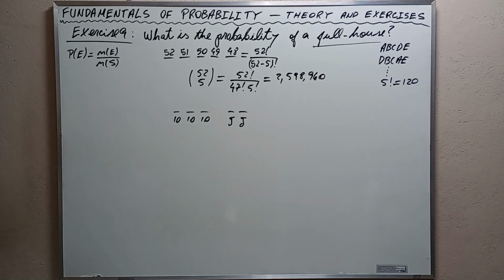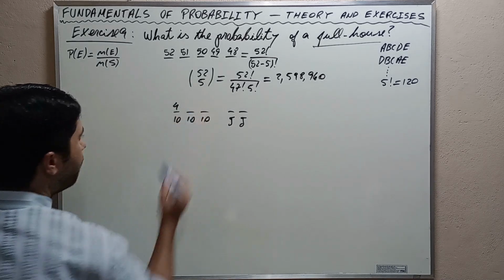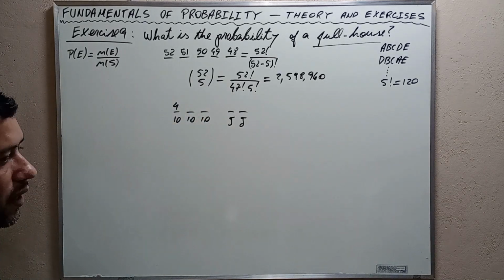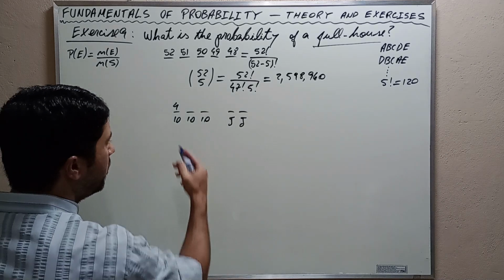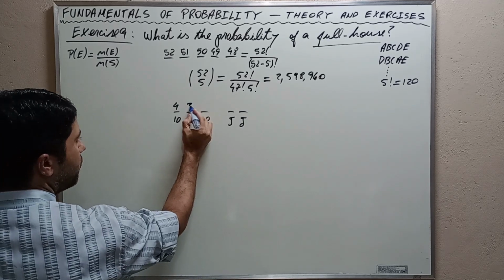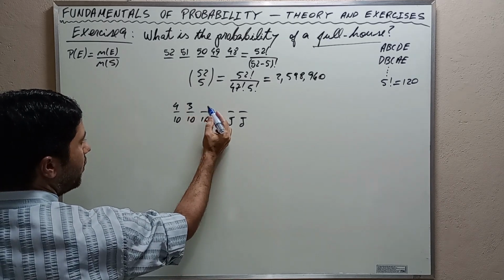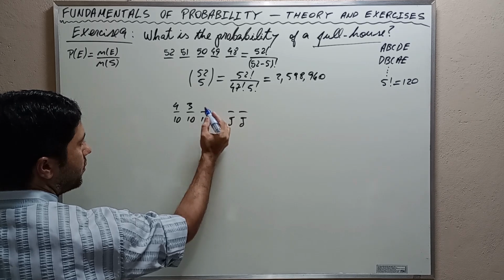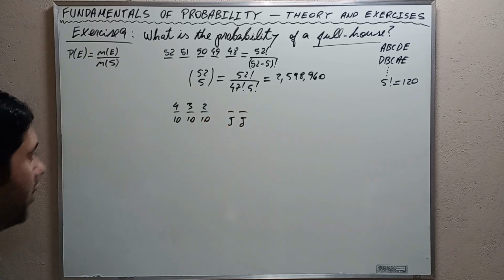There will be 4 10s in a deck. Then for the first selection of a 10, we have 4 possibilities. For the second 10 we have 3 possibilities, and for the third 10 we have 2 possibilities here.